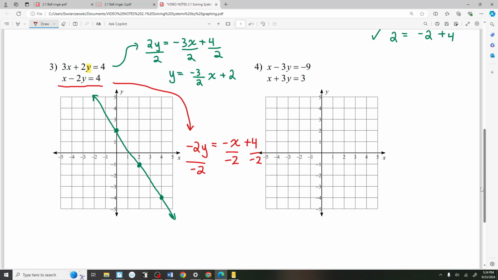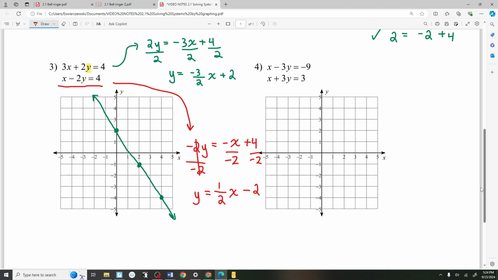So here I will get y equals, negative divided by negative is positive, and there's like a 1 in front of this x. So this might be a little confusing, but it's going to be 1/2 x minus 2, because positive 4 divided by a negative is negative.